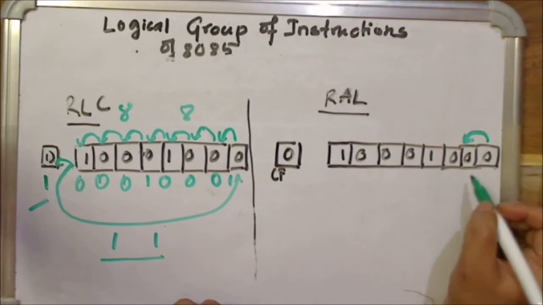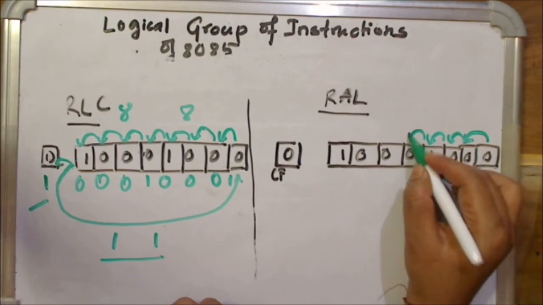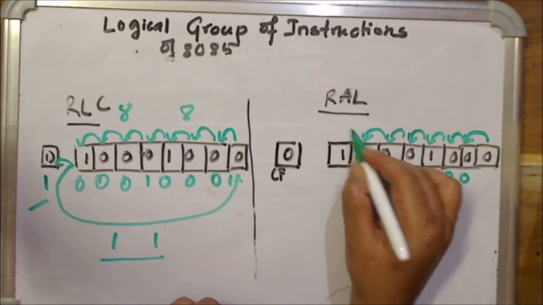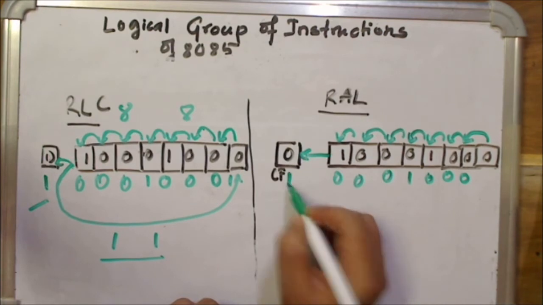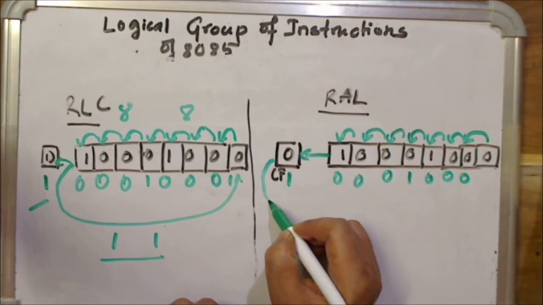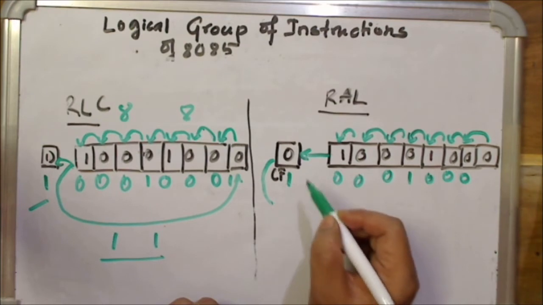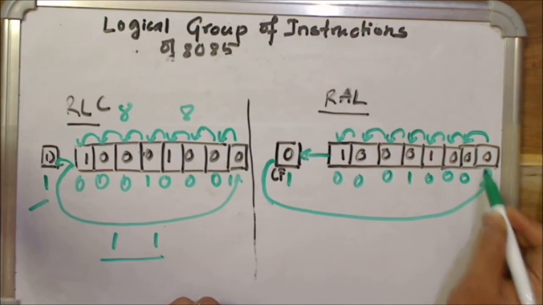This will become 0, 0, 0, then 1, then 0, 0, 0. This MSB will go to the carry flag, so the carry will become 1. And the carry flag, which was 0, will come here, so the LSB will become 0.